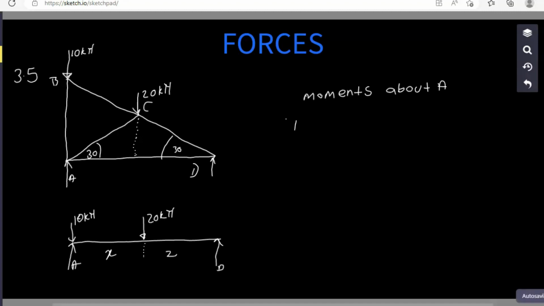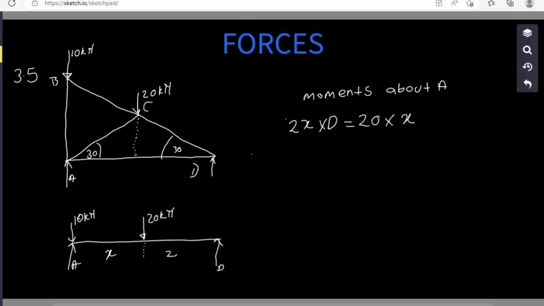That will give us D. From A, the value of D will be 2x, which is the force that is going up, times D. It's equal to the force that is going down, 20 times x.